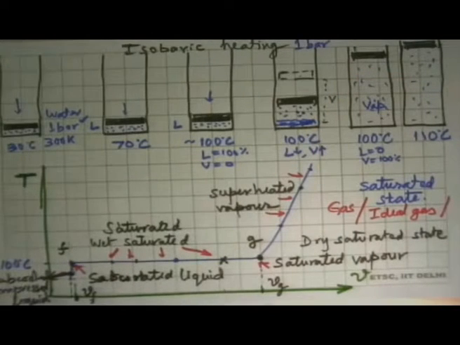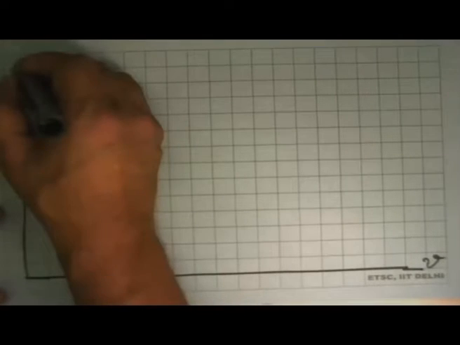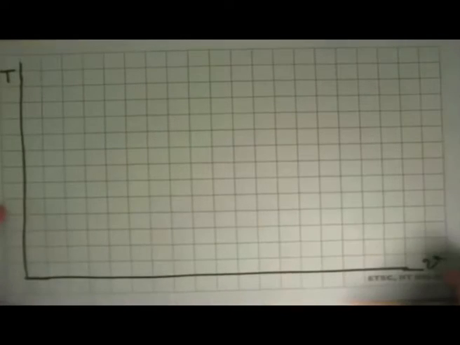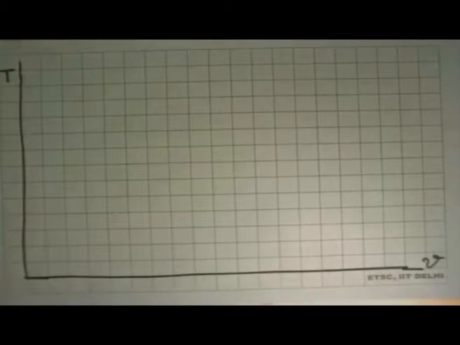Okay, so now we do the same experiment we did earlier, but instead of at 1 bar, we'll do the experiment at 10 bar, and then at 100 bar, 200 bar, 300 bar, 500 bar pressures. So that's what we will make the plot of now. This side is V, and this side is T. And the first chart that we got was at 1 bar.